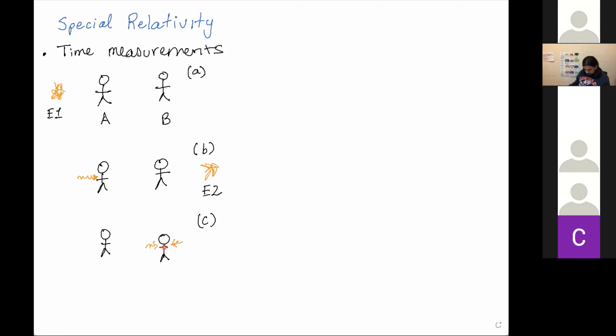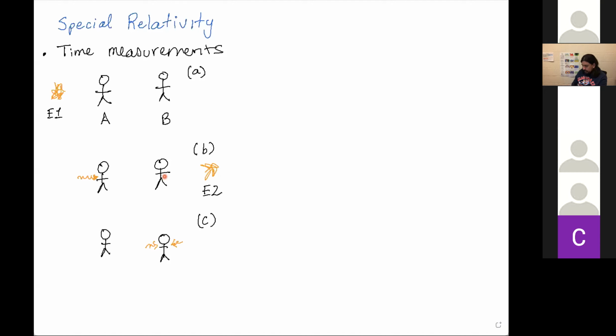So at this point, even though at B this event already happened, actually this event, A and B will both say hasn't happened yet. They would say that's in the past and it hasn't happened yet.